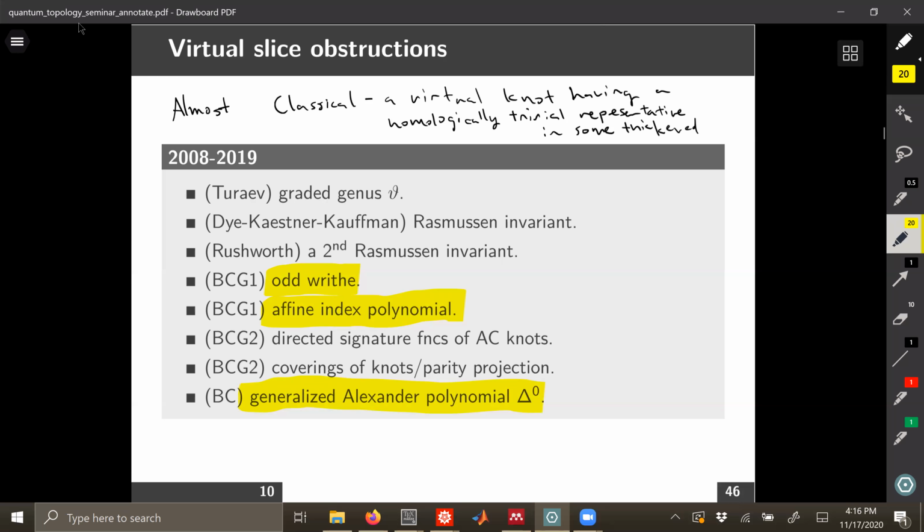So the invariants that we'll be talking about today are a further generalization of the generalized Alexander polynomial. I should also point out that the generalized Alexander polynomial goes by lots of different names. So one very common name is the Sawollek polynomial.